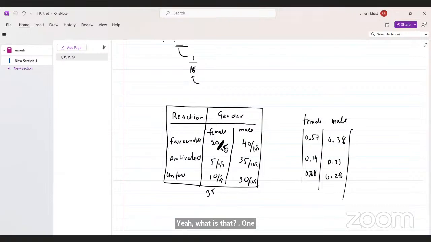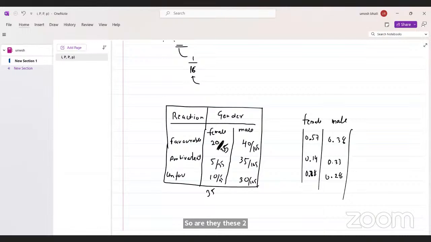When will they be independent and when dependent? By column frequency, if these two columns are the same, they are independent. Are these two columns the same?